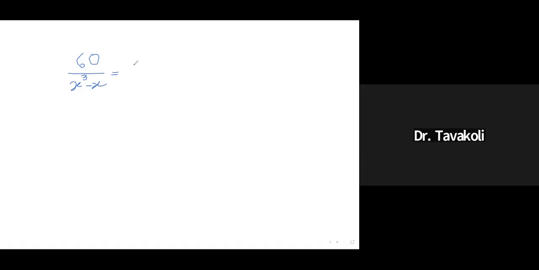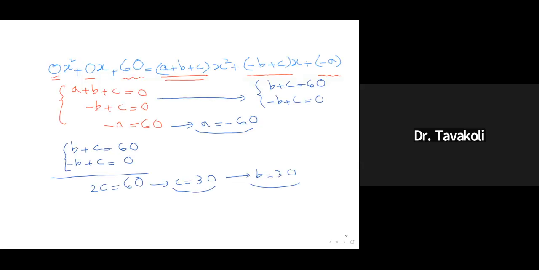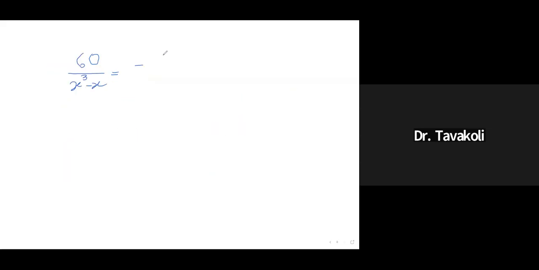Is equal to a over x, and we calculated a here is −60, so −60 over x. b over x + 1, we calculated b, it was 30, so 30 over x + 1, plus c over x − 1, 30 over x − 1. c was also 30.